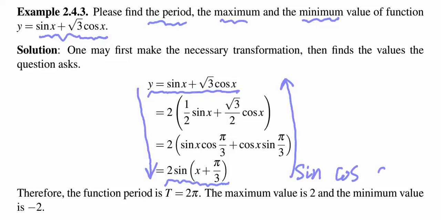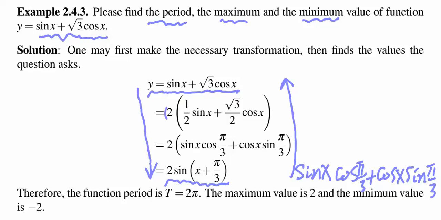sine, cosine, cosine, sine. Here is x, the first one, so we have x here and x here. The second angle is pi over 3, so I will put pi over 3 here.